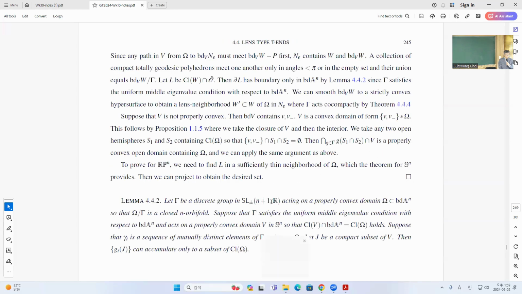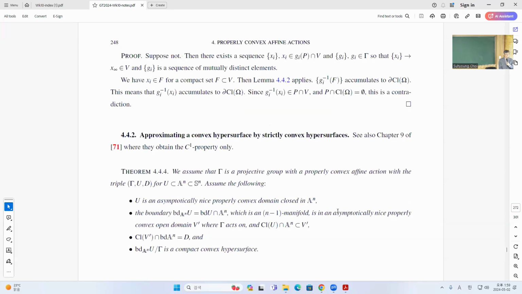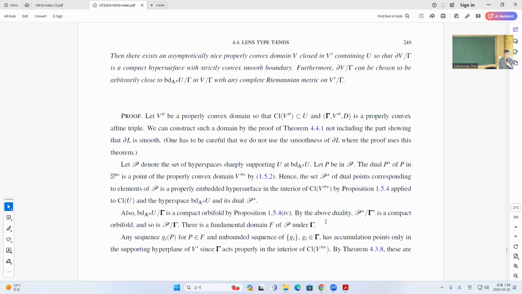So these are all just trying to show that the hyperplanes we are using are properly locally finite in some sense, and that's all we're doing. And then you finally do some sort of smoothing process of this polyhedral space.